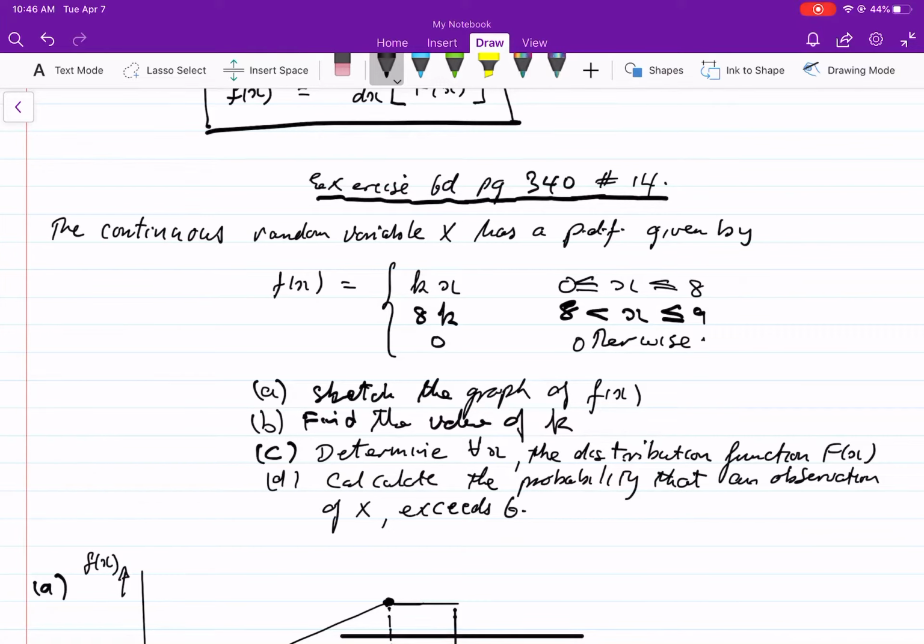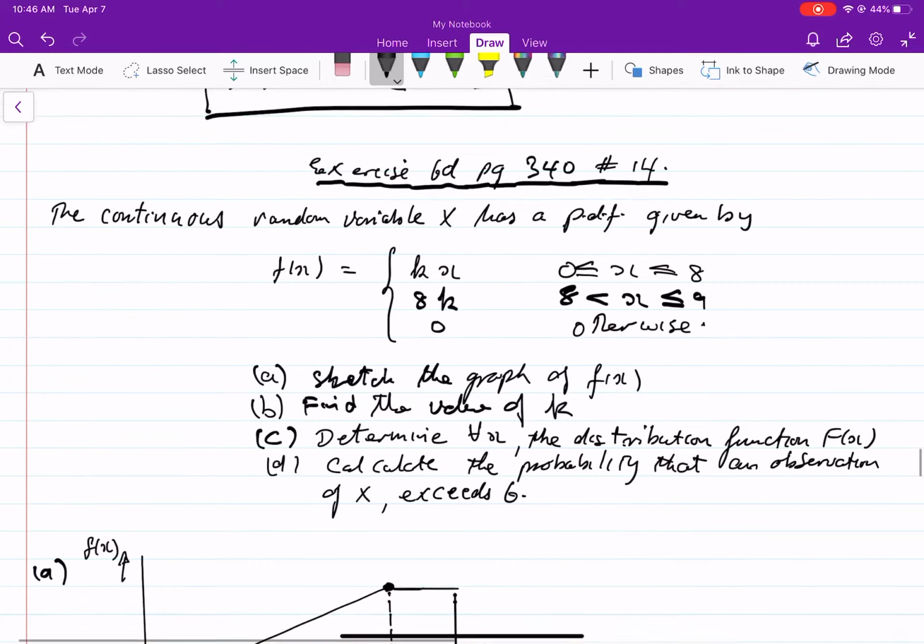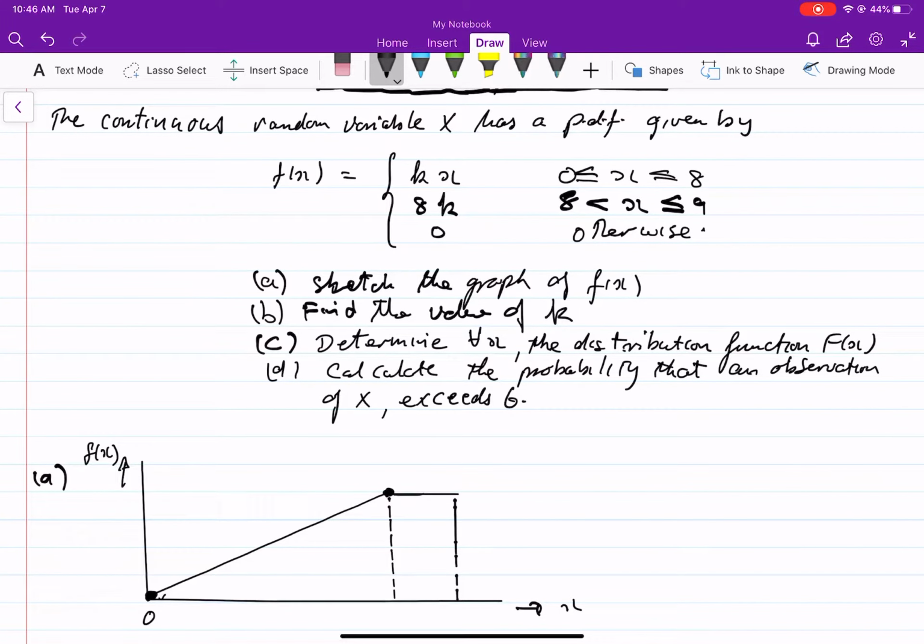First part says sketch the graph of f of x. Okay. Well, k is clearly a constant. I think they said that, I just didn't write it in. And clearly, if k is a constant, then kx is a straight line starting at the origin. Everybody knows that.